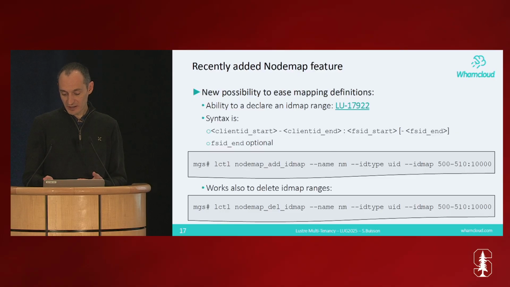For instance, here it's going to map all IDs between 500 and 510 on client side to 10,000 to 10,010 on server side. It also works when you want to remove identity mappings. You can see that as an admin convenience: instead of running every single nodemap add idmap command, you can use this shortcut.